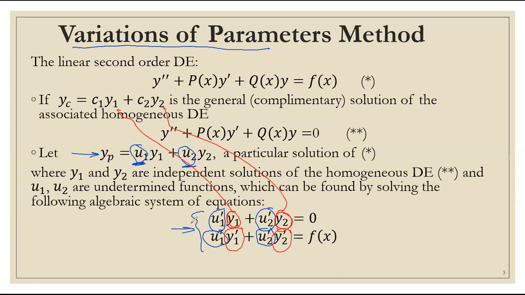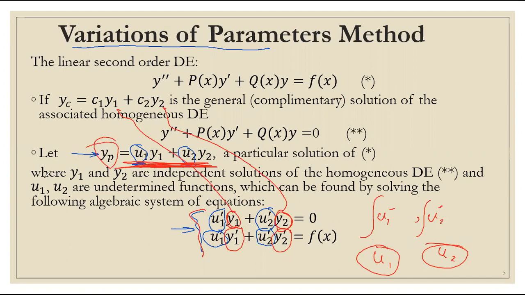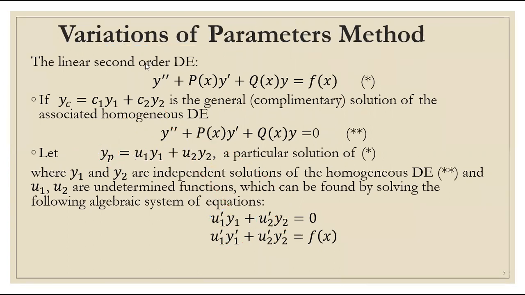So the unknowns in this system are u1 prime and u2 prime. By integrating both, you will get u1 and u2. Plug them in to find the particular solution of the non-homogeneous equation. The final answer of the non-homogeneous equation star is given by yp plus yc: yc from the first step, yp from the second step.